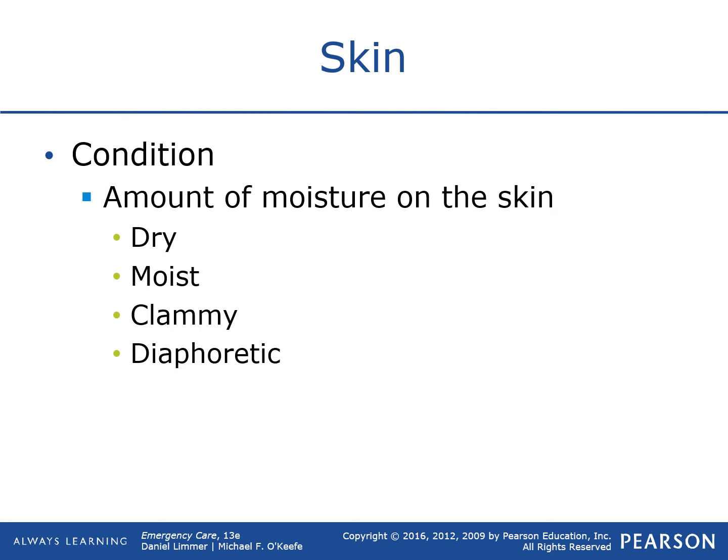Clammy is a decent amount of sweat on there that you can kind of wipe off. Moist is just damp, and then dry, that is our normal finding. When you touch your forearm or the back of your hand, it should be relatively dry. So the three normal findings in skin are warm, pink, and dry. That is a normal skin assessment. It's warm, pink, and dry.